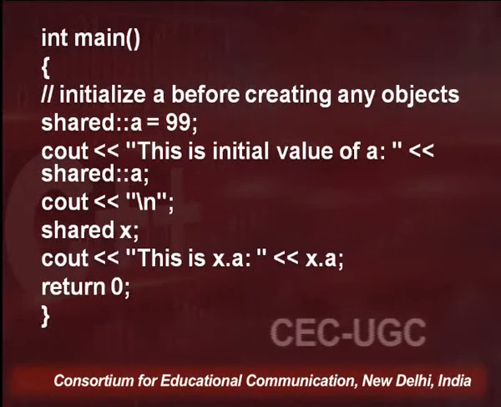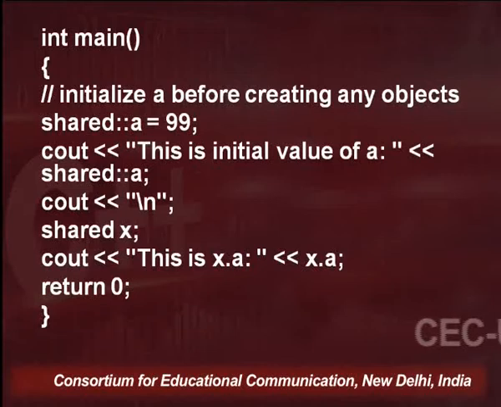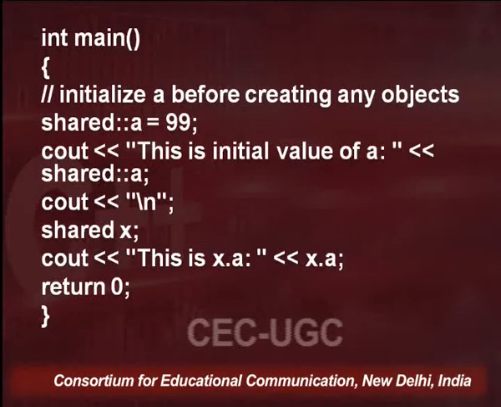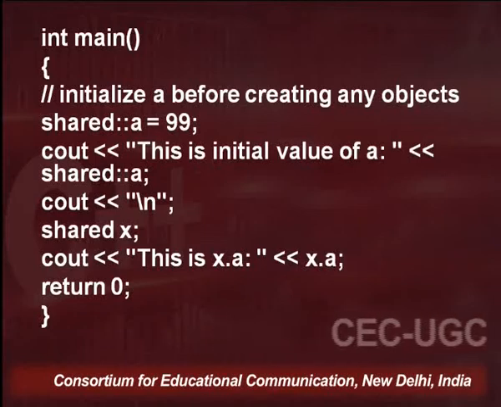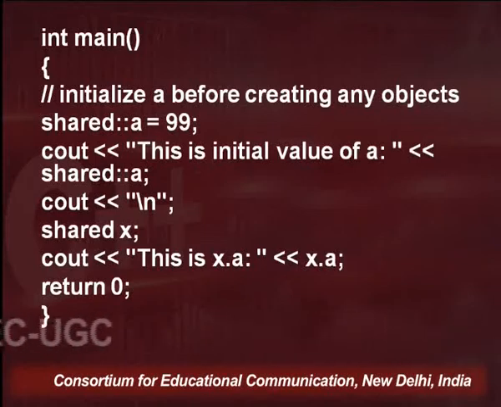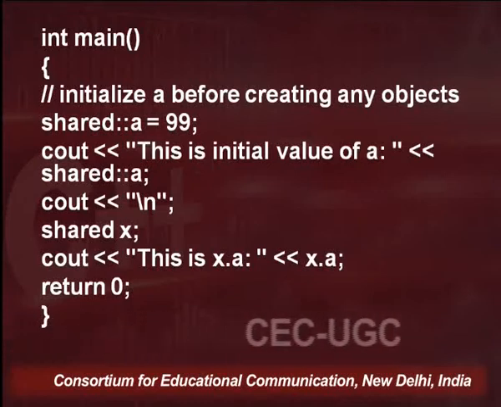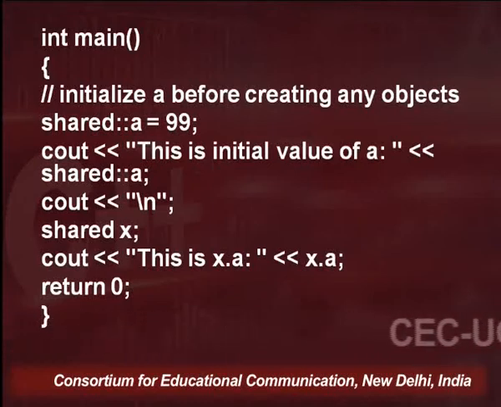That means shared is the name of the class and then scope resolution operator A, and that is equal to 99, let us say any value, and the initial value is being printed.